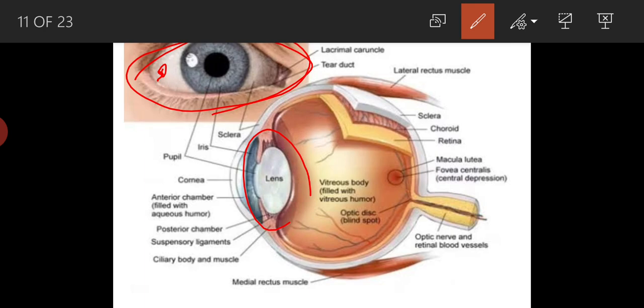Next, next to the cornea we have a part called the iris. This colored part is nothing but the iris, and this iris is a very thin membrane called the diaphragm, and it has a small hole. That small hole is nothing but the pupil.